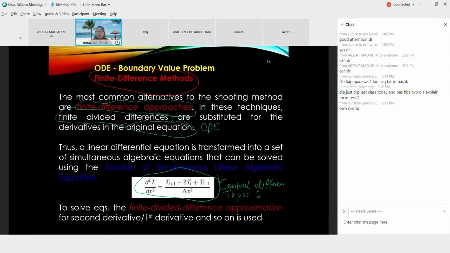Please all open your module or textbook, Topic 6, finite difference approximation. Search for the second order derivative using central finite difference.